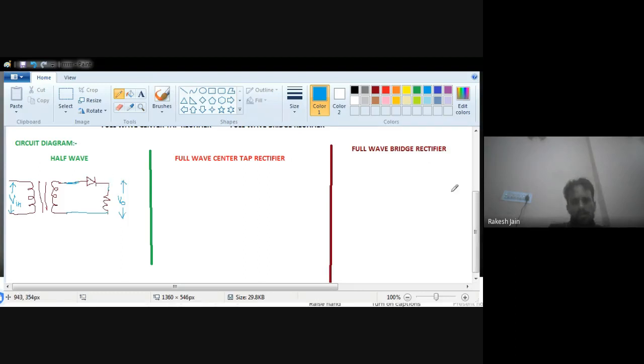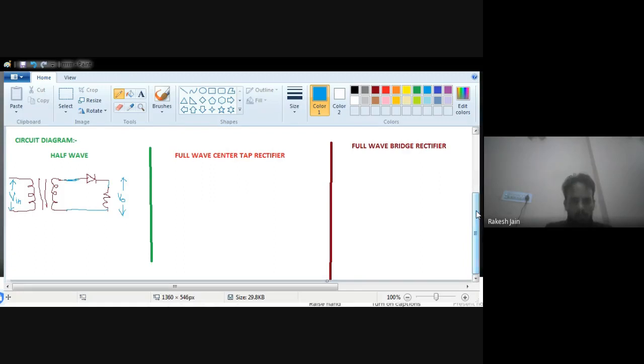Okay. Now once I draw the circuit diagram, or make the connection practically, then I will find that my input will be like this one. I will prove it with the help of the working principle. So the input will be an AC supply. This is my input. And at the output, I will find only the positive half cycle.